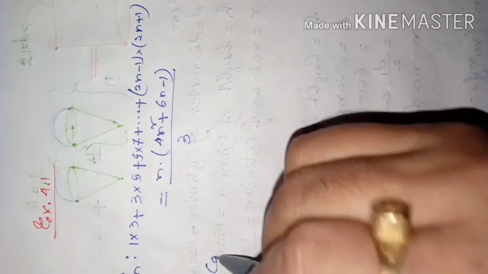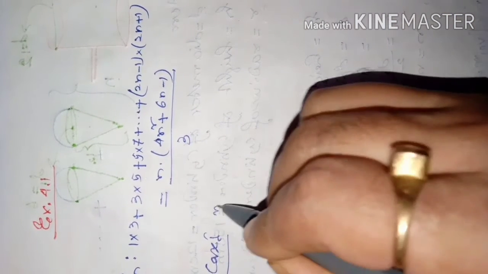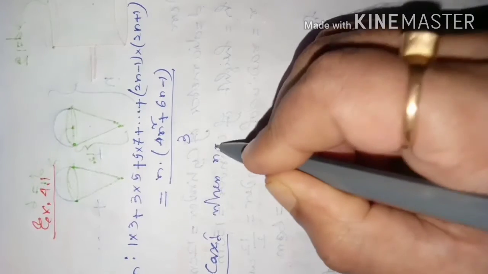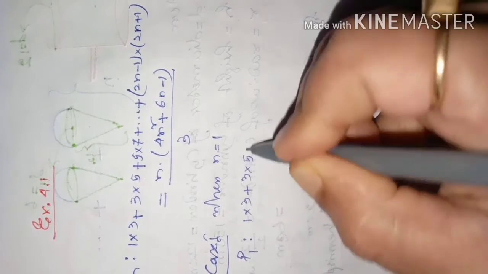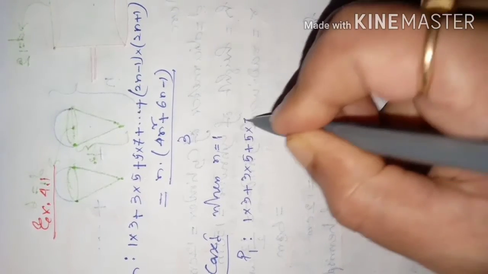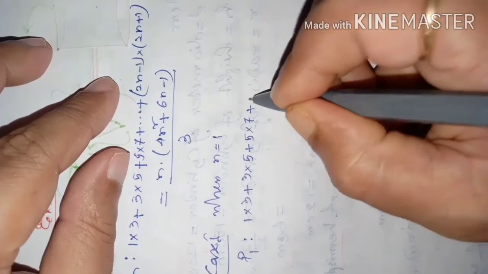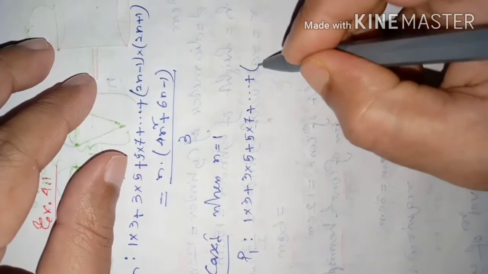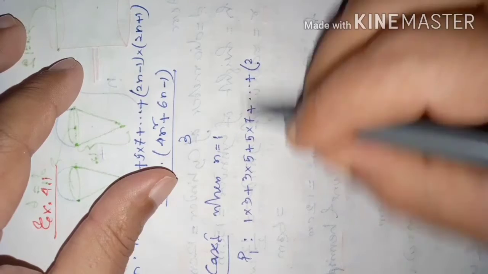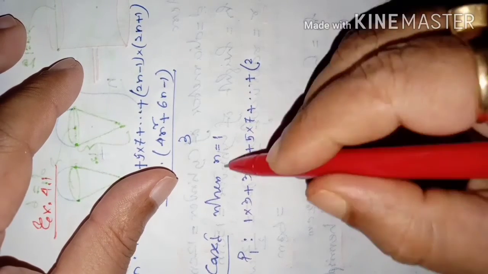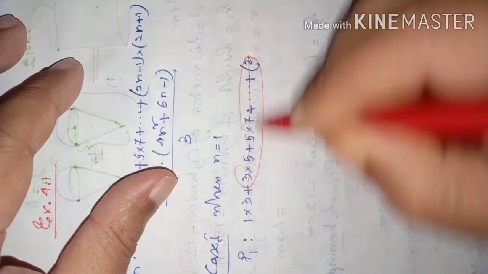First we will verify it for 1. So case 1, when n takes 1. So P1 is 1 into 3 plus 3 into 5 plus 5 into 7 plus dot dot dot. Here we will not write all the terms because for n equal to 1 all these terms will not come, so only one term.